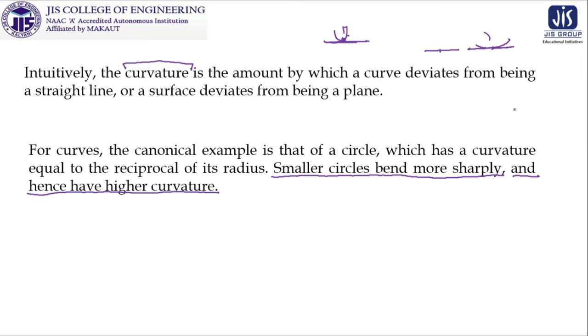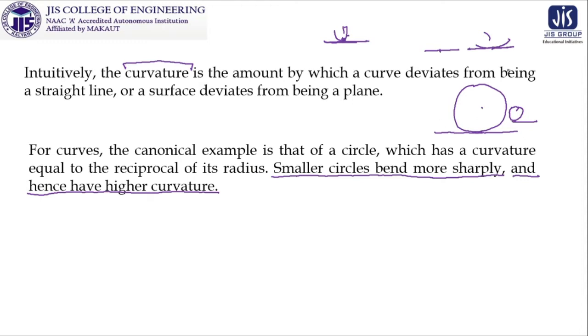It means if you have a circle like this and a circle like this, with this point being a straight line and this point being a straight line, obviously the bending tendency of this circle is higher than this circle.